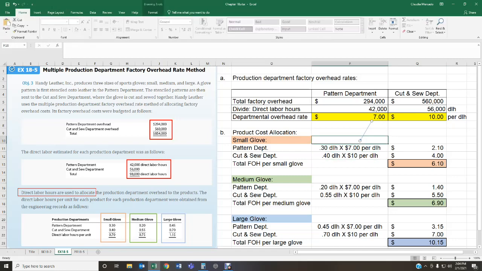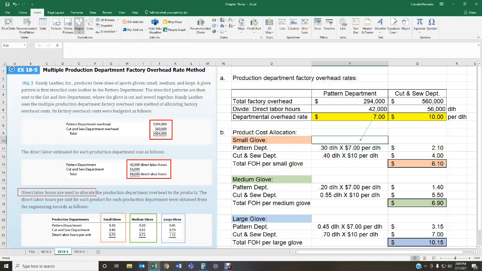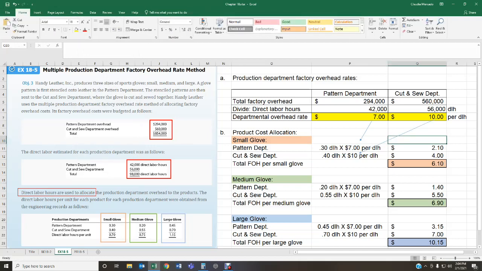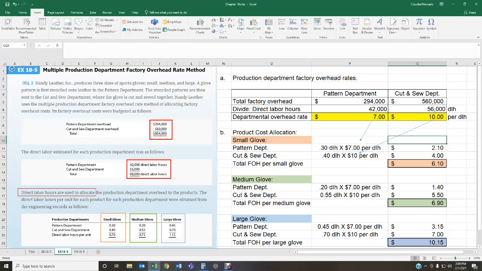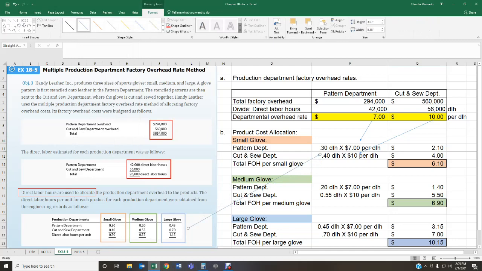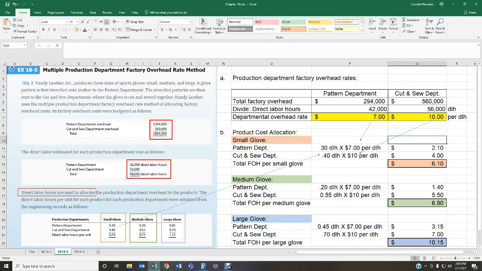We use the information in requirement A to be able to calculate requirement B. So we're just plugging in the departmental overhead rates, which we calculated in requirement A, times the different times to produce each of the goods. This is where we're getting the information from. We're just copying the information from the problem regarding the time it takes to produce a small, medium, or large glove times our departmental overhead rate that we calculated. So that is basically it for exercise 18.5.